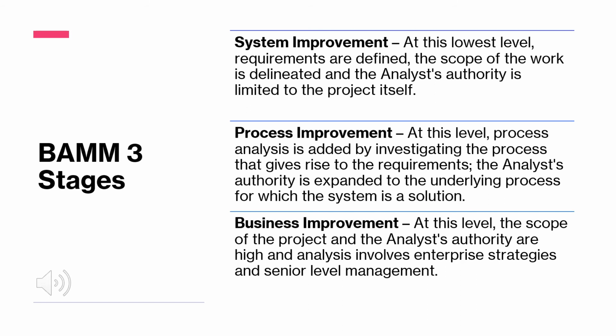And then as you start, you move on to the next level, because you realize that you have some issues and you need to improve upon them. So you do that. And then as you improve, you see your business overall performance improving. So that's the 3 stages of this BAMM analysis.